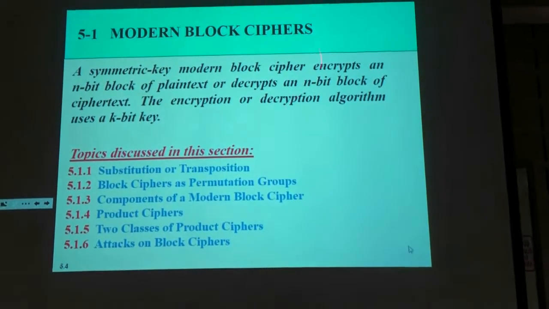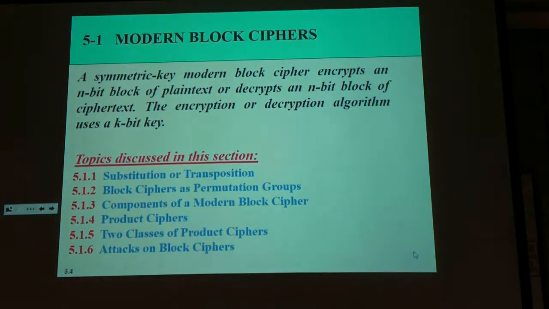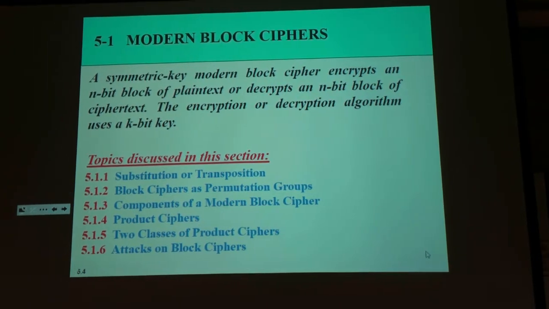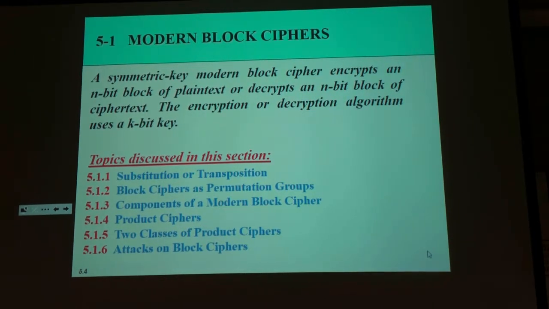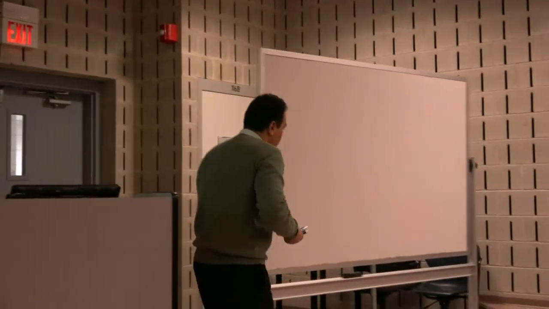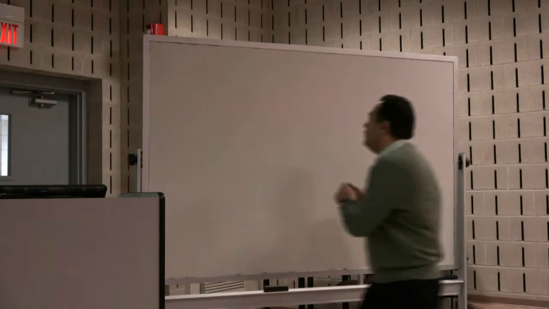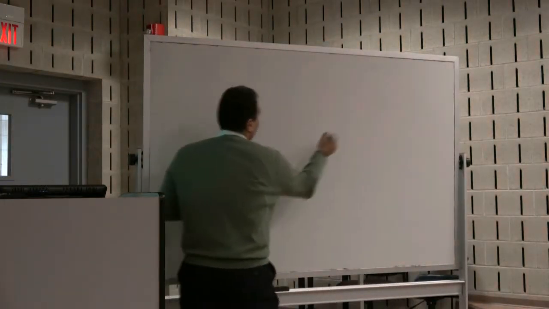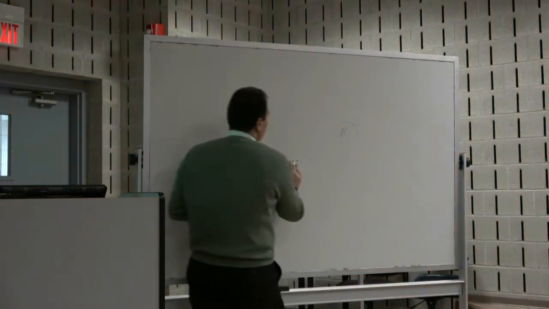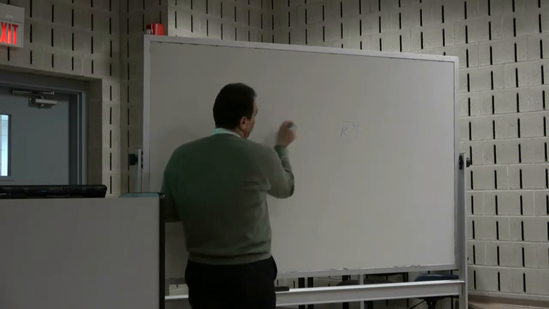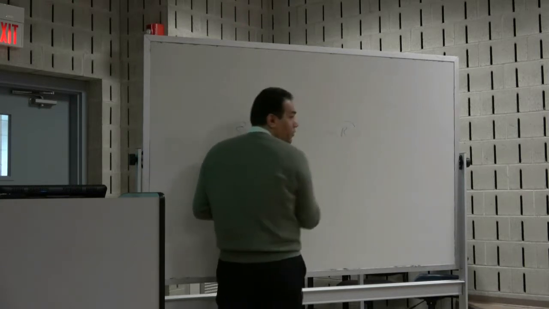So we're going to talk about the modern symmetric key block ciphers in this class. What do you mean by symmetric key? That means there is one key between the sender and the receiver. So when a sender tries to send data to the receiver, they have to create a packet and send it over the network.